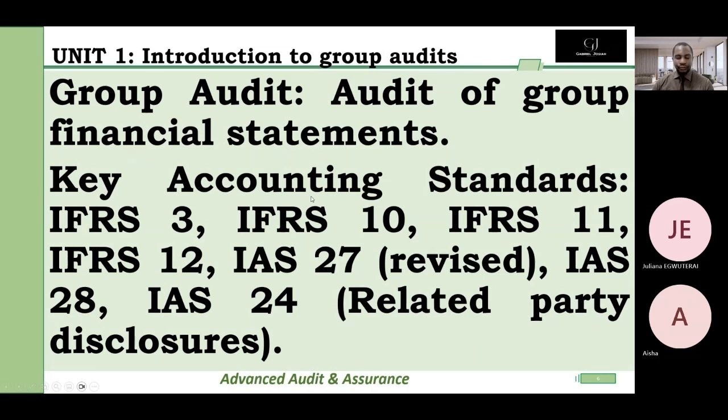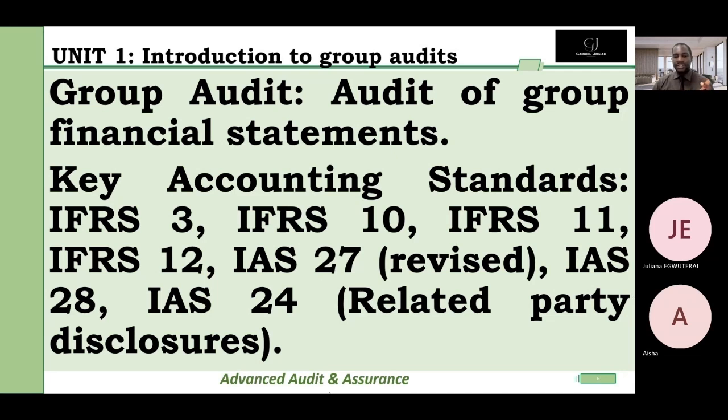Very important. So that's a brief introduction to this standard, and it's very essential we understand how to audit it. It's one thing to prepare the financial statements, and it's another thing to be able to audit these financial statements.